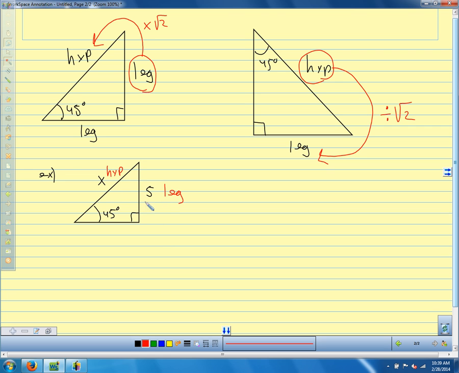To go from the leg to the hypotenuse, what do we do? Multiply by the square root of 2. So x equals 5 square root of 2. We're done. That's all we have to do. Don't have to do the Pythagorean theorem. I just multiply the leg by the square root of 2. There's my answer.